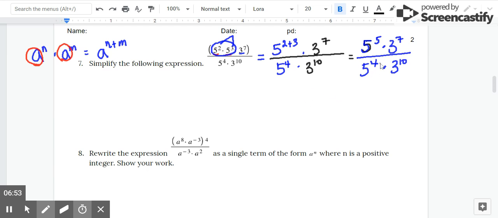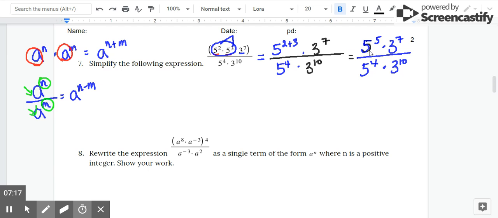All right, so now I'm going to use the division property. So when you multiply a^n, if you divide that by a^m, when they have the same base, you can just do n minus m.